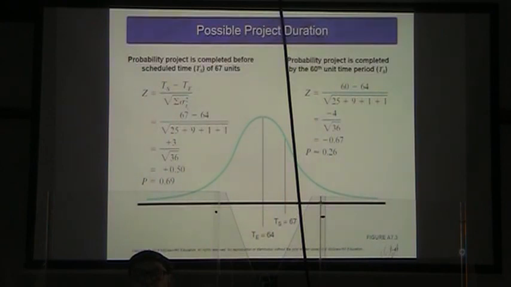And so they have figured out the Z formula from our time of starting minus our time of ending divided by the variance.